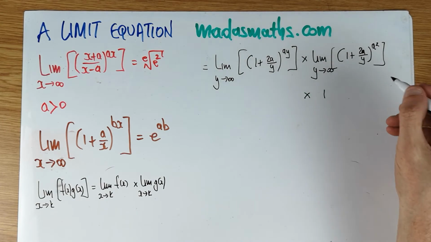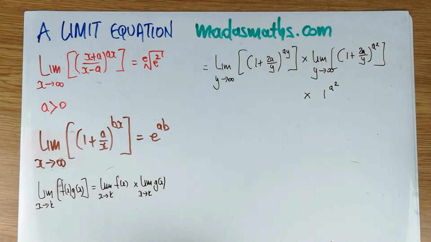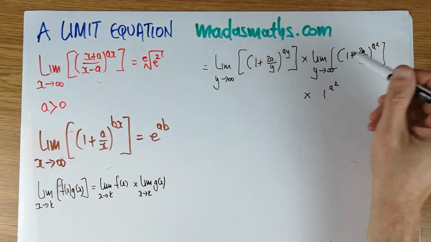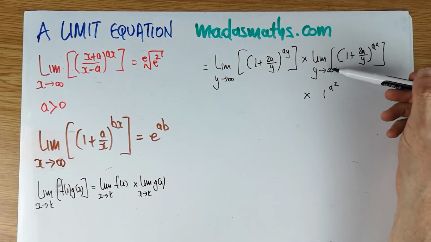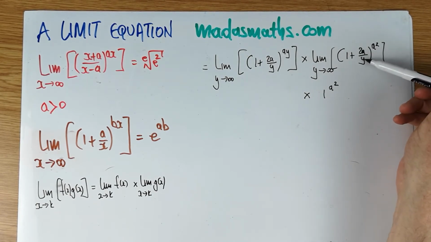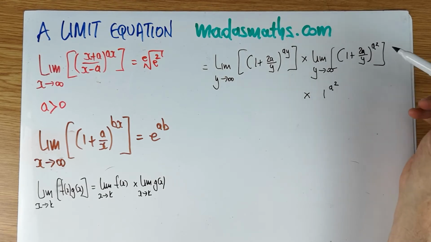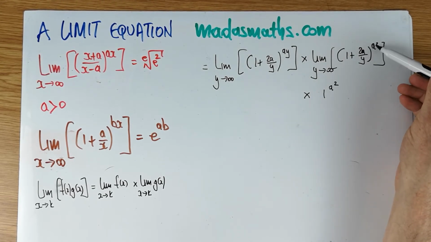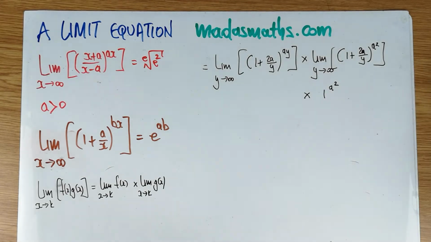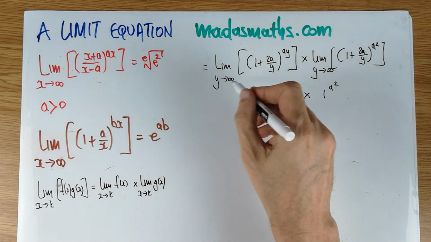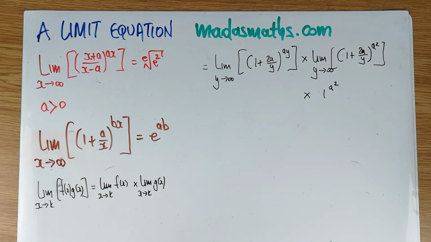And for completeness, I can write 1 to the a squared. Check again what I'm doing. This quantity, as y goes to infinity, the denominator gets huge. This will vanish. So we have 1 plus 0, which is just 1 to the a squared. So on the next line, that will be 1. This quantity now, we have to compare. Let me just use the brown pen.